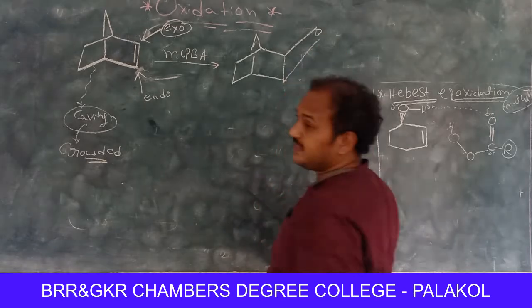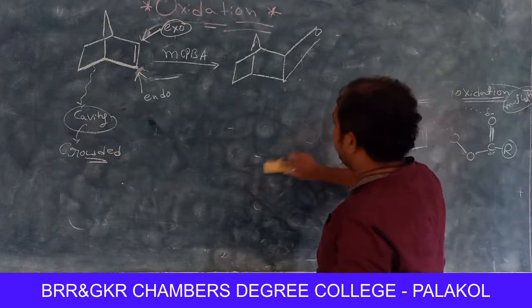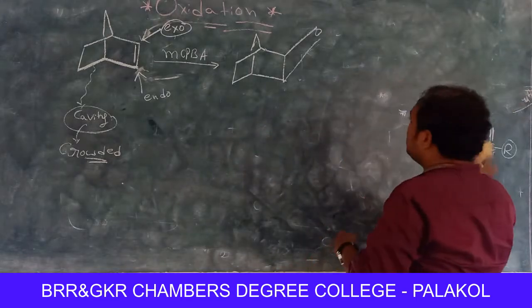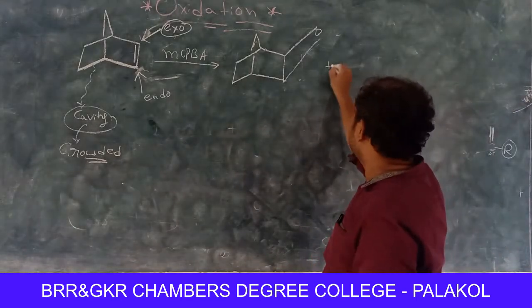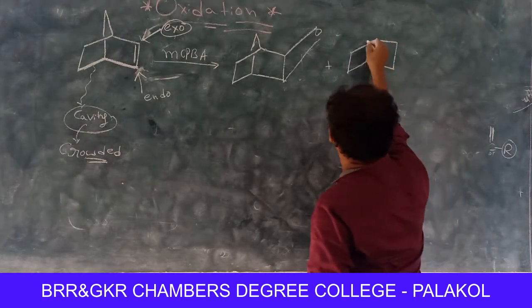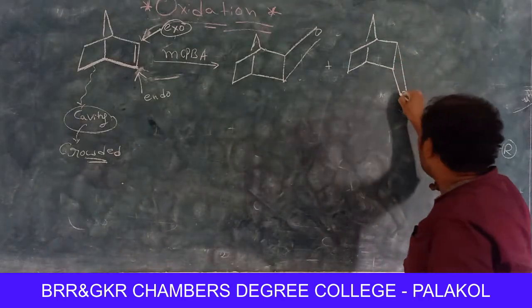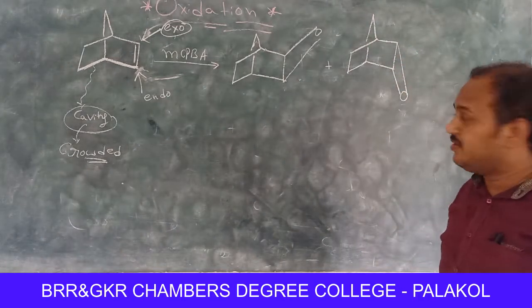So this is called exo. And again I want to represent another structure, that is endo. So how do we write endo? Let me take endo, like this. And this is the structure of endo epoxidation.